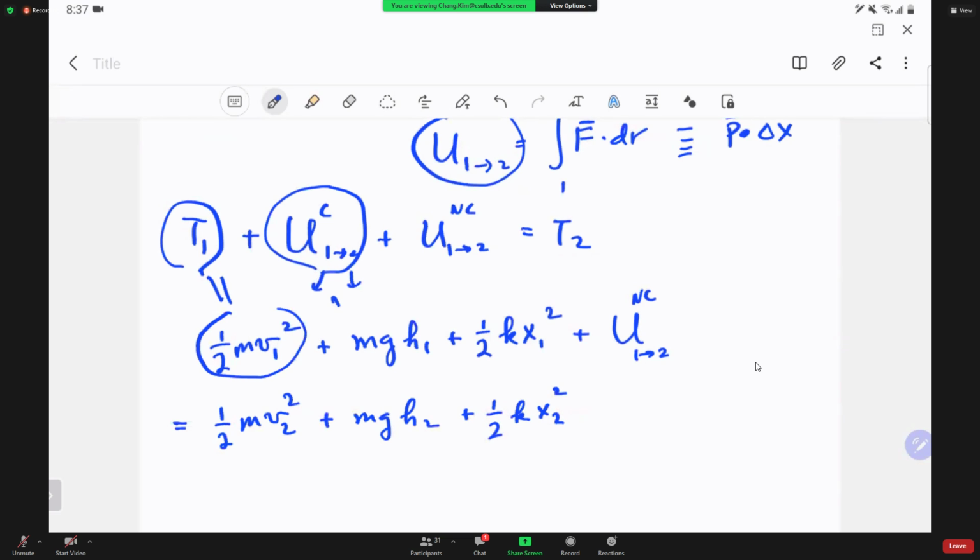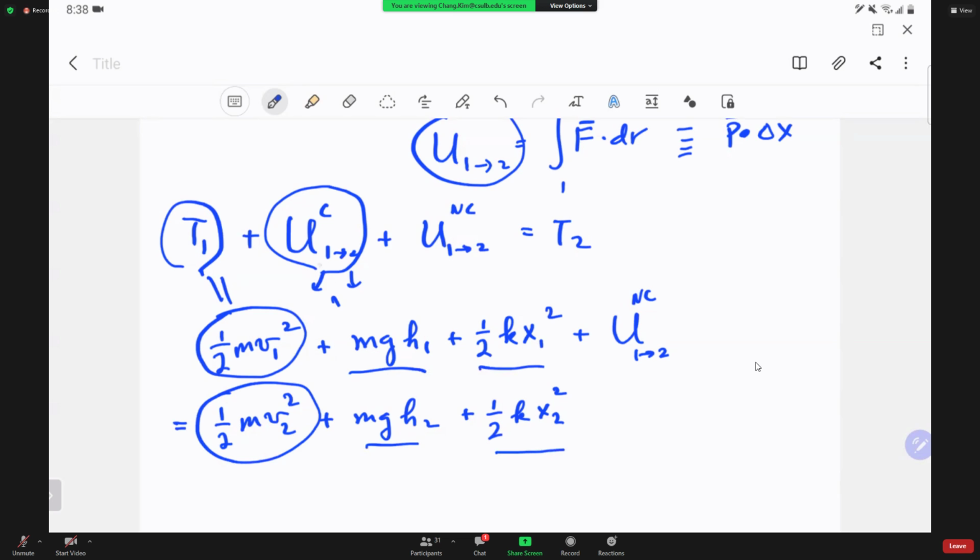So there is a difference in kinetic energy between 1 and 2, a difference in height from 1 to 2, and a difference in the energy, or work done, by the spring elements from position 1 to 2.